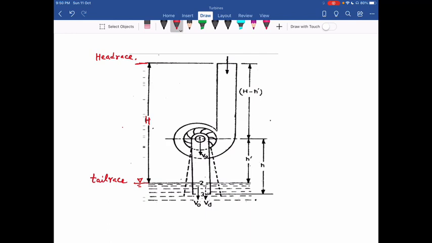So here my working head is H minus H dash. Here I install the turbine above tail race level at this height, that is H dash.